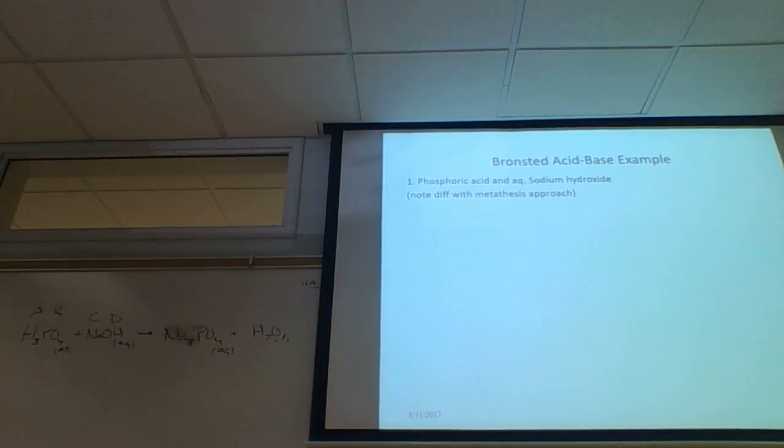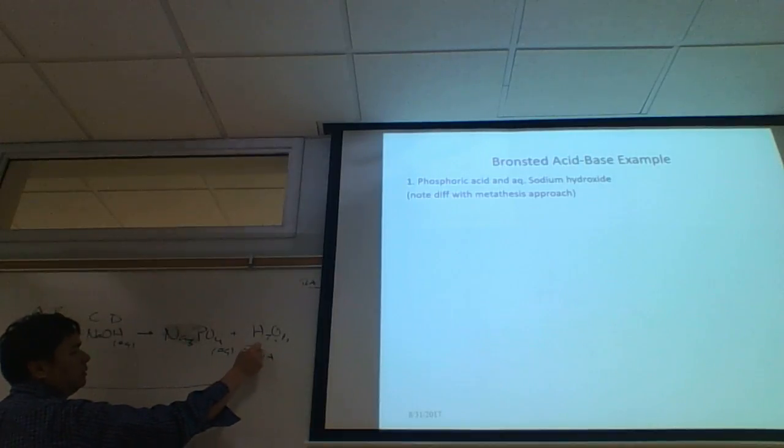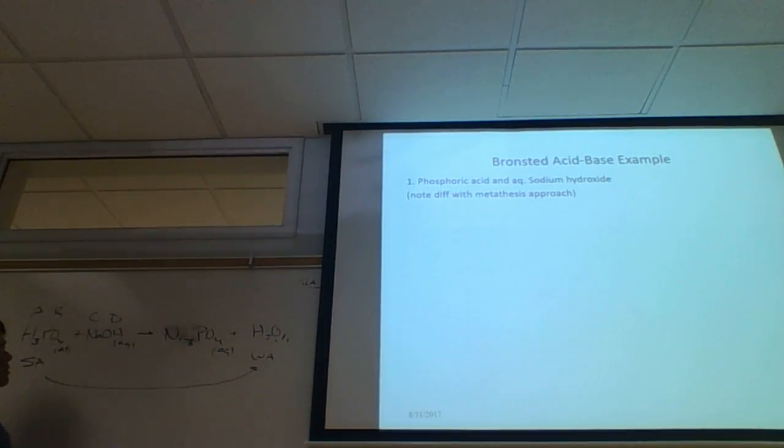So stronger, it could be a weak acid just going to an even weaker acid. A stronger acid to weaker acid, that would be in this case. This is a weak acid, but it's stronger than this. This would be the acid, the proton donor. So it would be stronger acid to weaker acid. This is what we call the driving force. Precipitation is the other one I was looking for, and gas formation is the last one I was looking for.